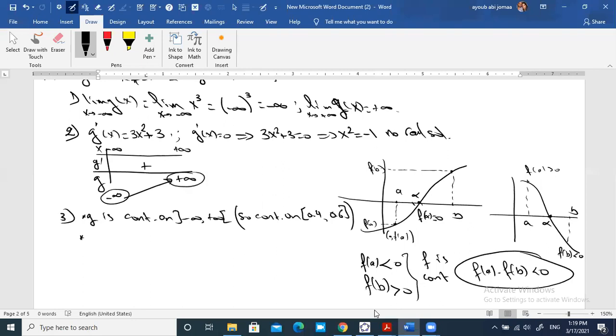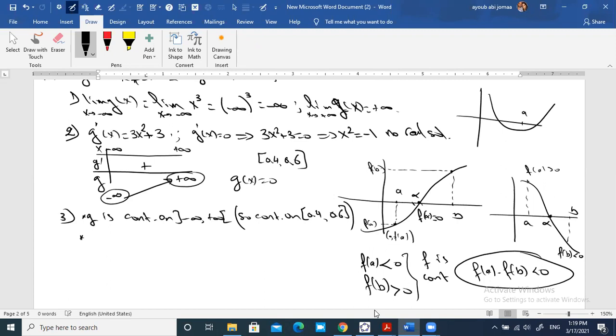It has one solution, only one solution, not only in the interval 0.4, 0.6. We have the function increasing from negative infinity to positive infinity, and the equation g of x equals 0 has one solution on the whole domain.